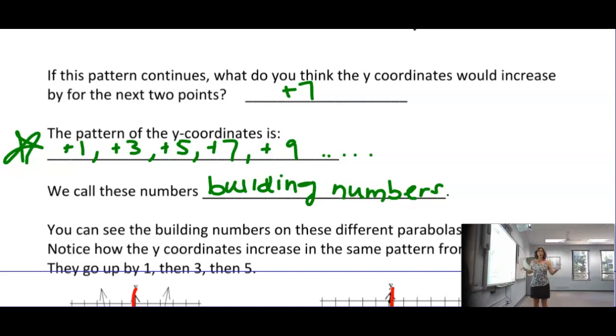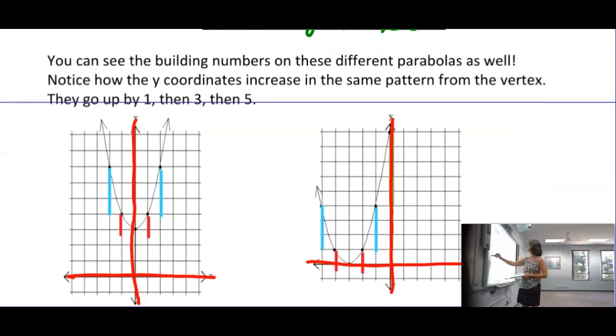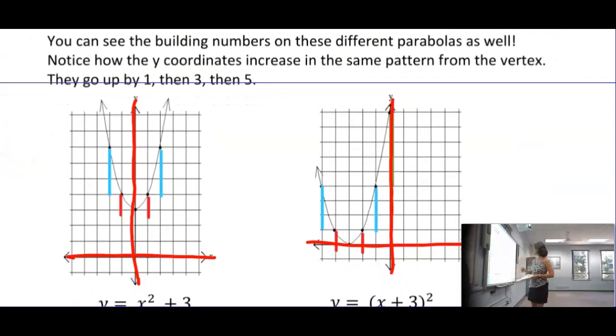It always goes just 1 to the left or the right, but then it always goes up by our building numbers, okay? So here you can see the building numbers of these different parabolas. So this vertex, if this is my origin right here, my vertex is at 1, 2, 3.